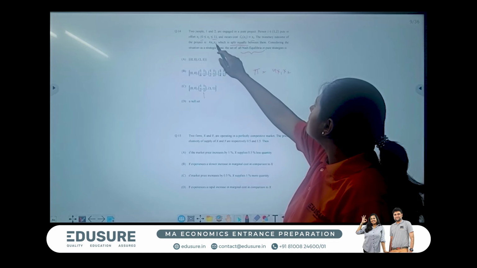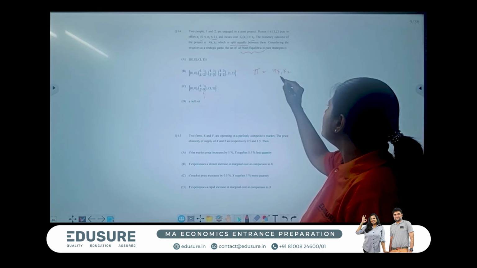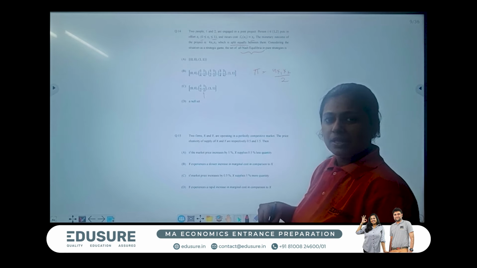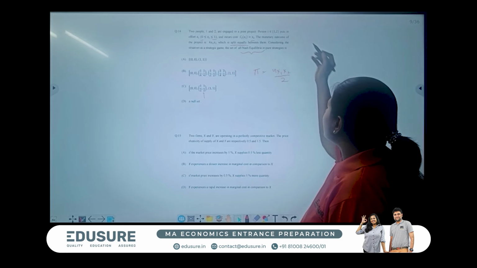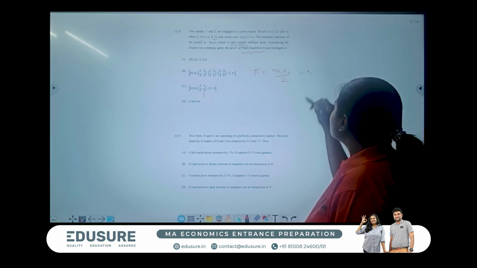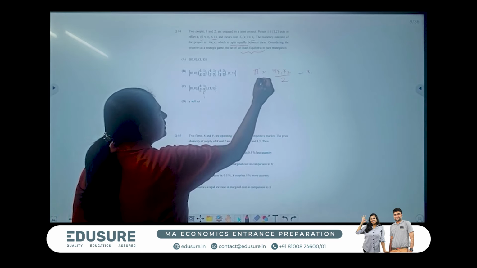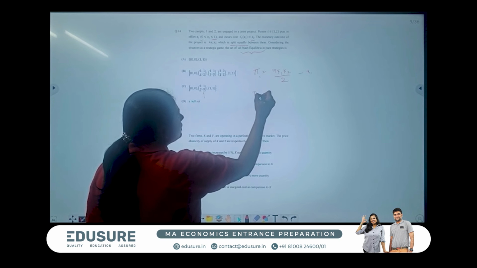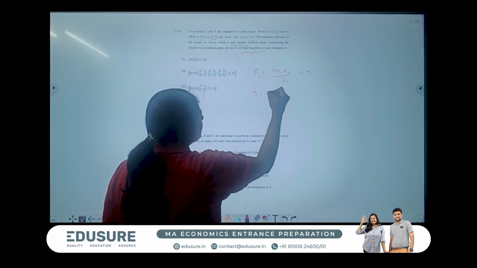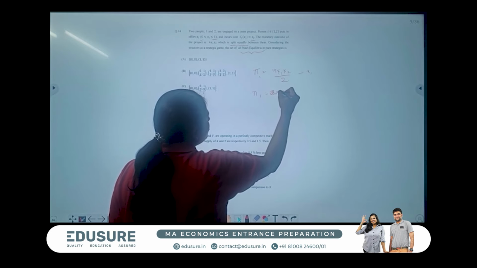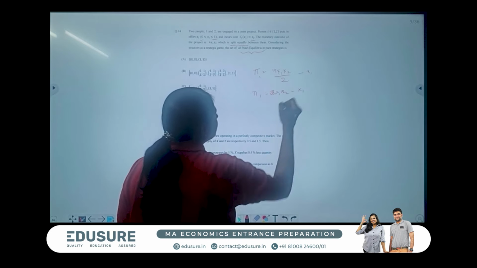But since the returns are split equally, each individual is going to get half of this, and the cost is xi, so each individual incurs his own cost. Let's say I'm looking at person 1. For person 1, this is 2x1 x2 minus x1.